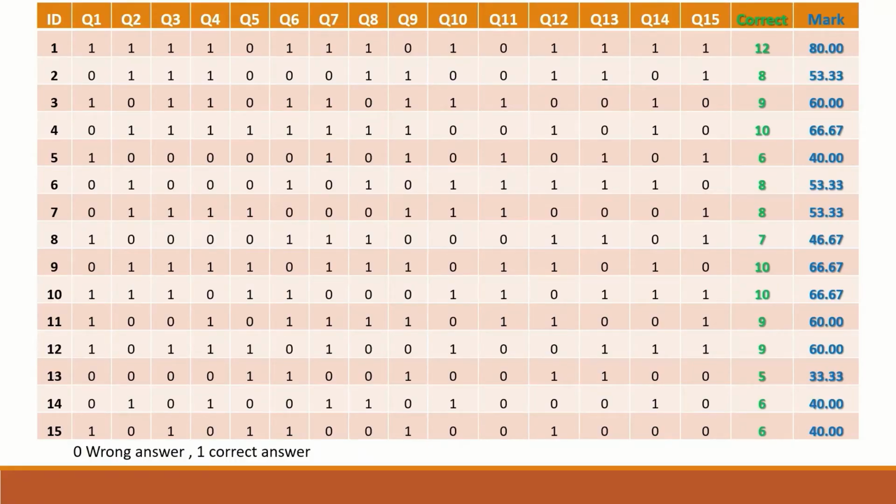Here in this table is shown an exam result for 15 students answering 15 multiple choice questions, and for each question the score is recorded as either 0 or 1: 1 is a correct answer, 0 a wrong answer.